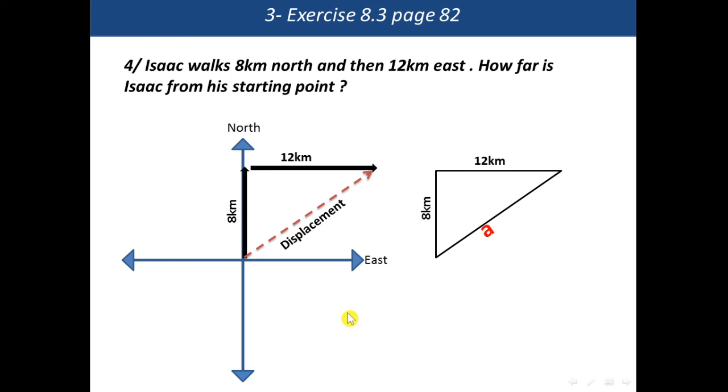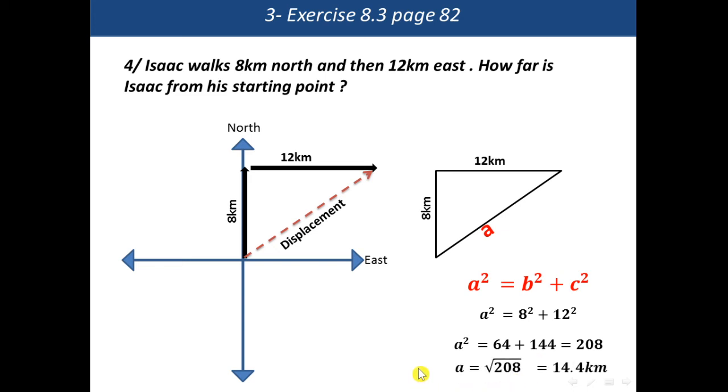So now I have to find A. How do I find A? Again, we apply this formula: A square equals B square plus C square. 8 kilometers square plus 12 square will give me 208. The square root of both sides will give me 14.4 kilometers. So Isaac is 14.4 kilometers away from where he started in the first place.